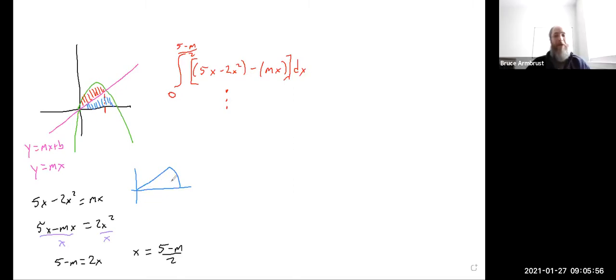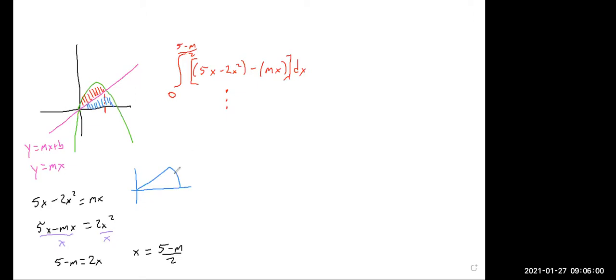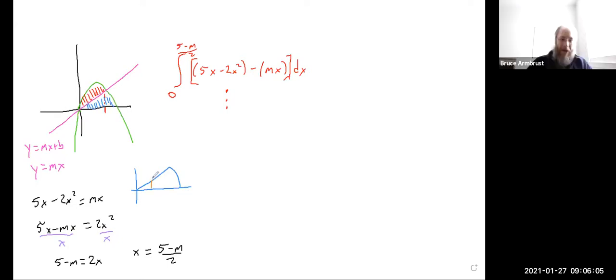Sometimes it's the parabola, right? Sometimes it's that 5x minus 2x squared. Because in this case, would we want to integrate with respect to y? We could. Spoiler alert, we'll talk about that in a second.